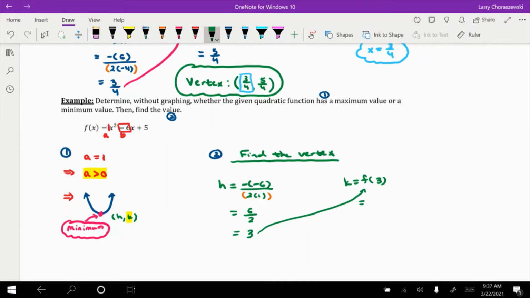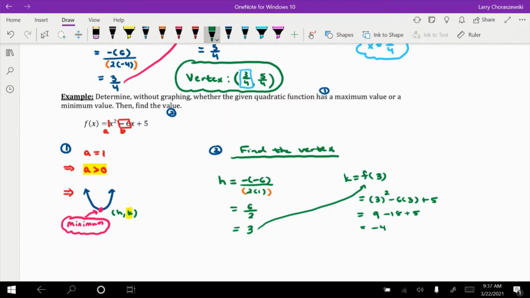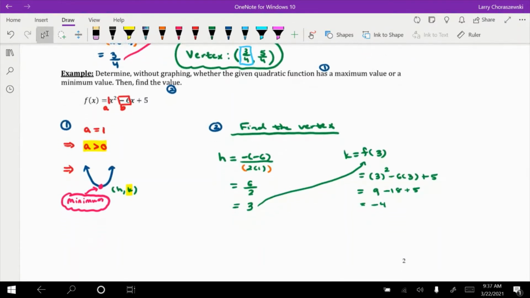Our function is x squared minus 6x plus 5, so that means we'll have 3 squared minus 6 times 3 plus 5. This can be worked out by hand. 9 minus 18 plus 5. You probably got -4, right?